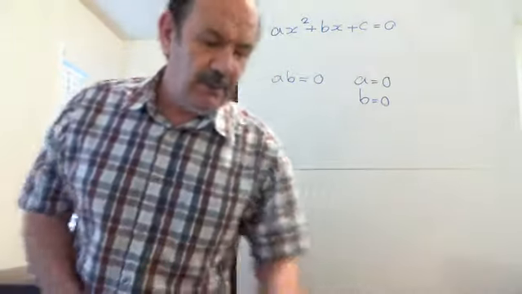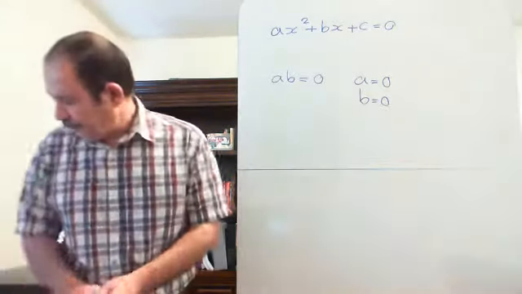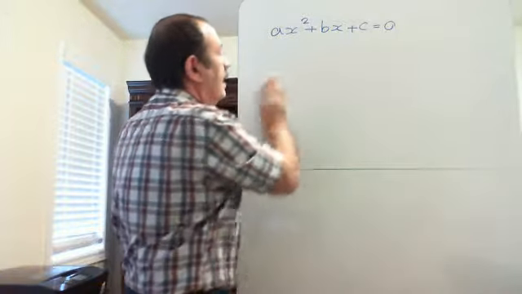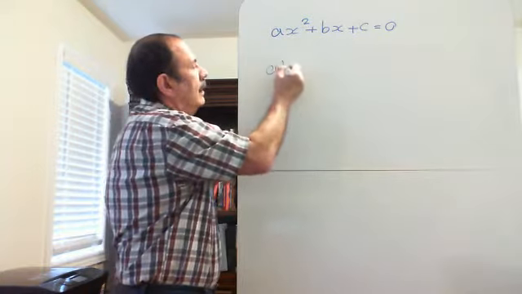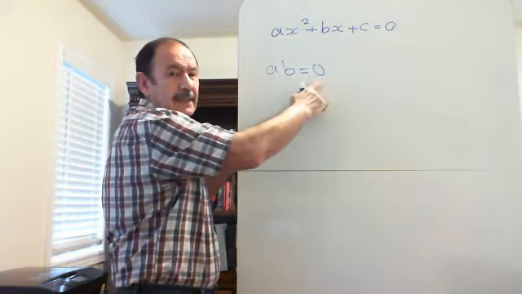Now, let's do one example. Remember, this formula ab equal to 0 works only when the right side is 0.